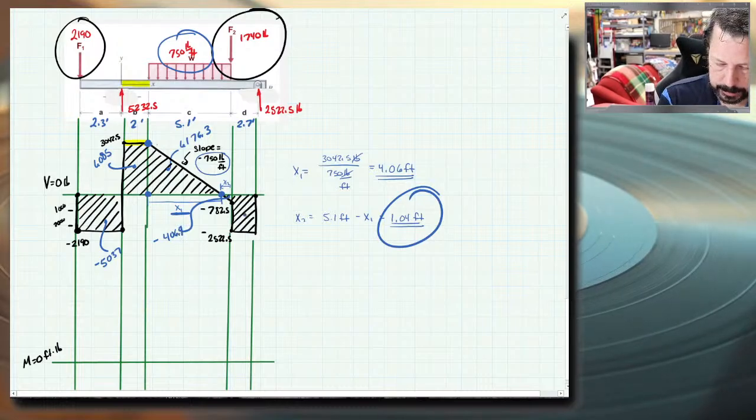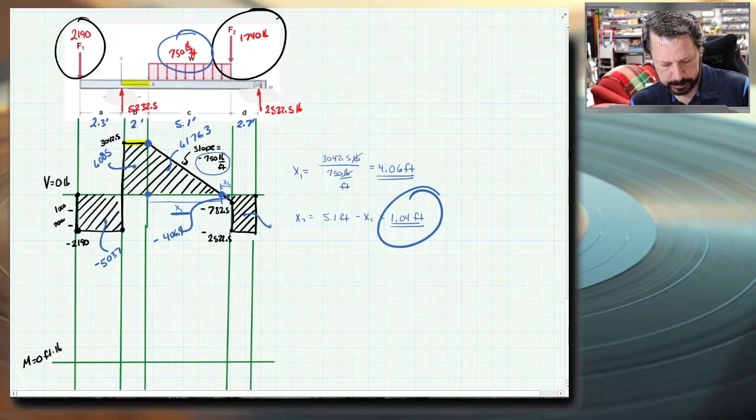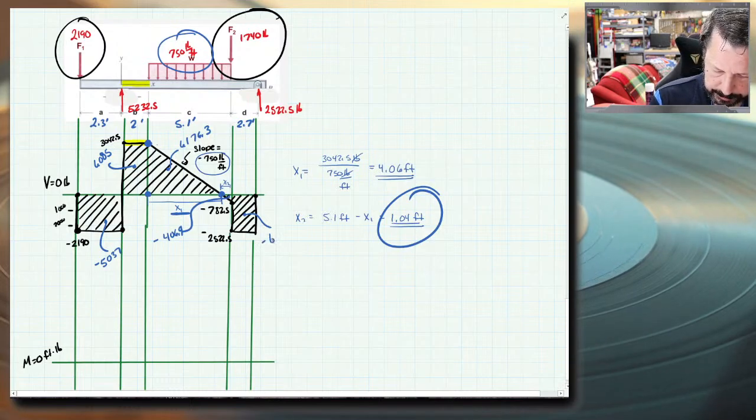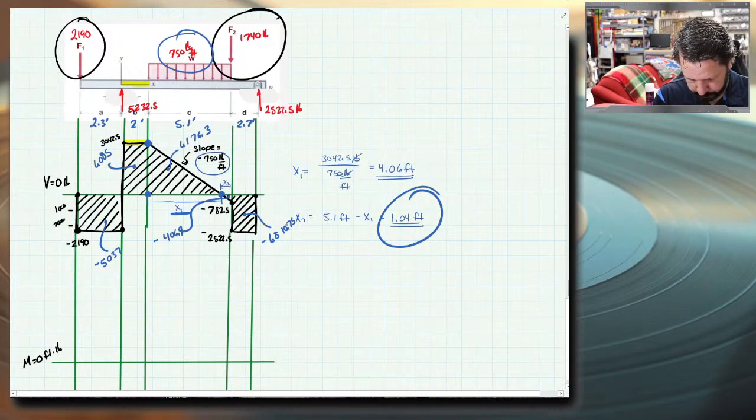And then this last one has a height of negative 2522.5 and a base of 2.7, so it has negative 6810.75. All right. So now I've got an idea.